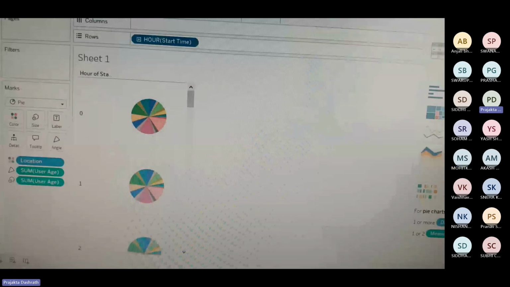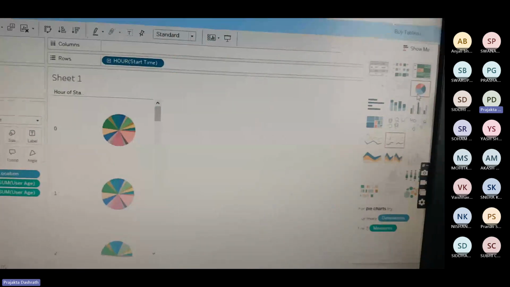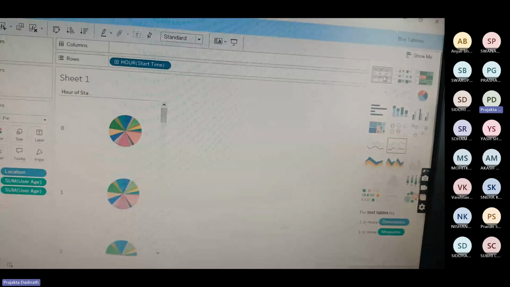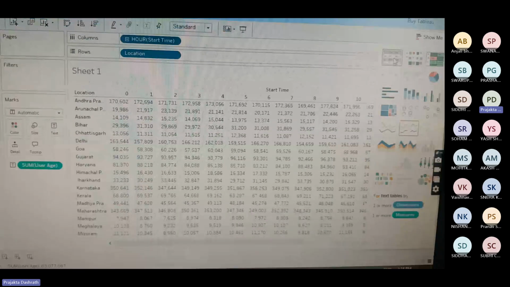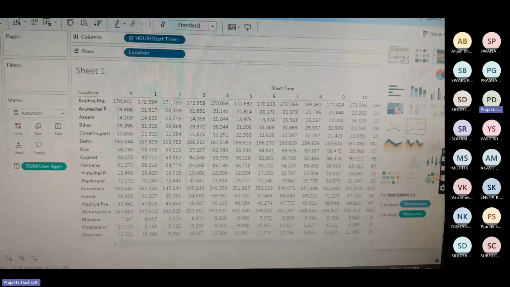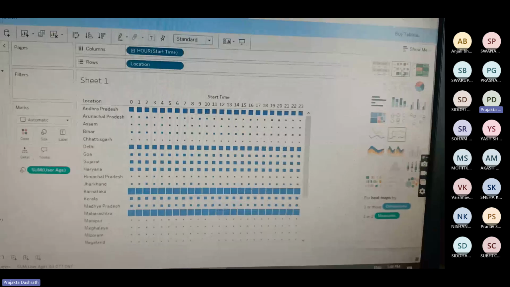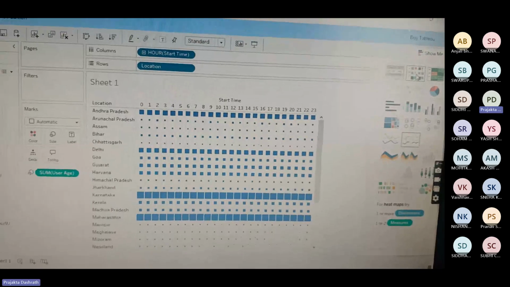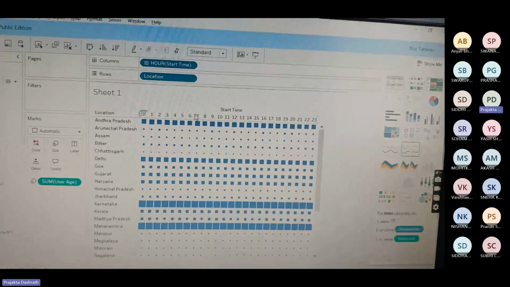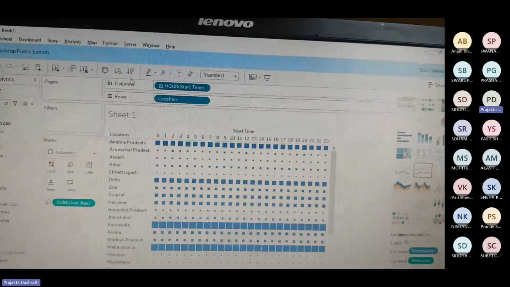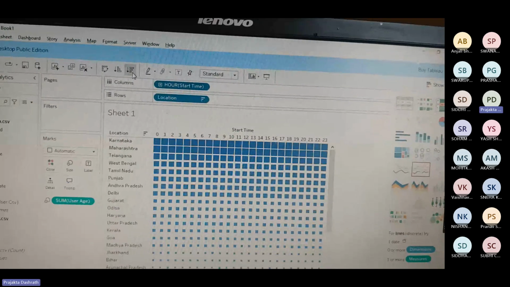That's the change when I'm changing the chart. Okay. Firstly, we will choose the chart. Which type of chart is it? Text tables. Observe the change. Next is heat map. Observe the change when I click on descending.